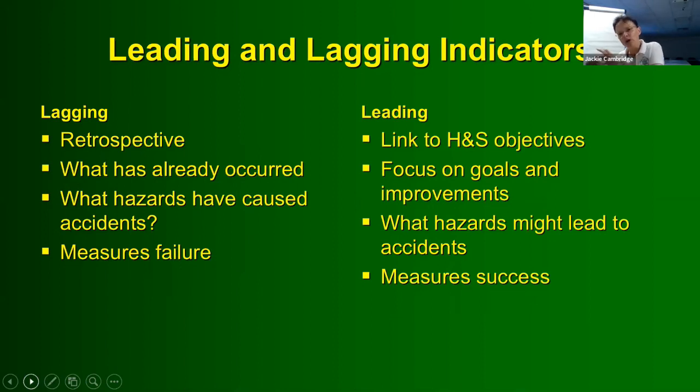So doing a workplace inspection, spot the hazard, what can we do now? They're about measures of success rather than measures of failure. So rather than trying to learn them both, go with reactive and proactive, but then just think, lagging is the same as reactive, leading is the same as proactive. It's not right or wrong, just different terminology that's used.